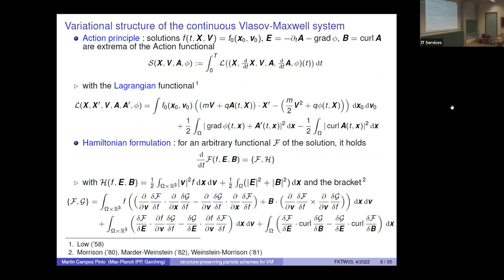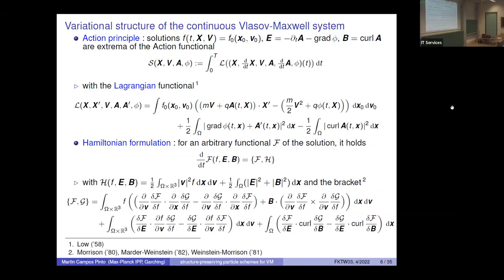So at the continuous level, the exact solutions, F, E, and B, satisfy an action principle. They are the extrema of the action functional, which is the time integral of the Lagrangian functional for particular generalized trajectories and generalized solutions. And the Lagrangian functional, you can take this one.